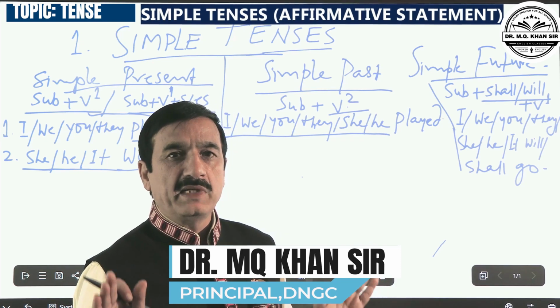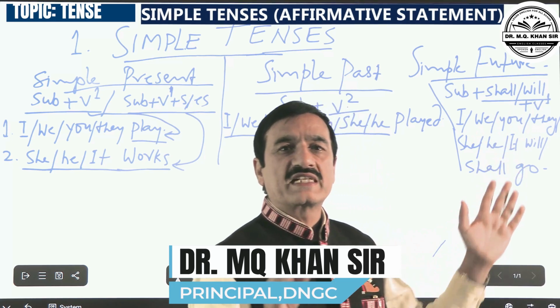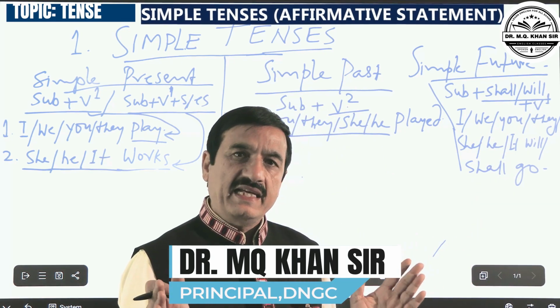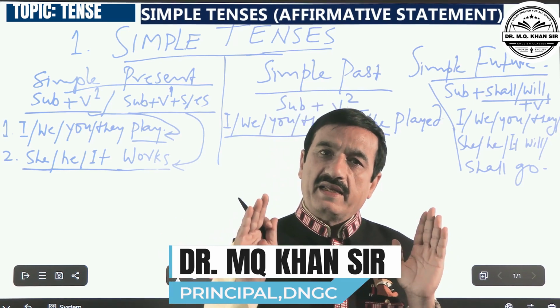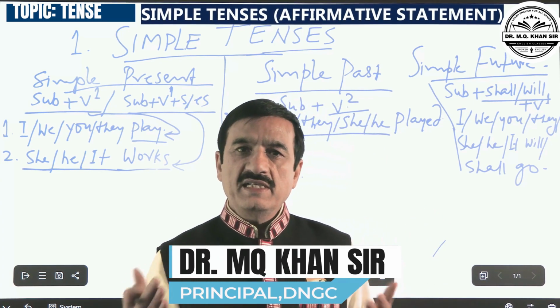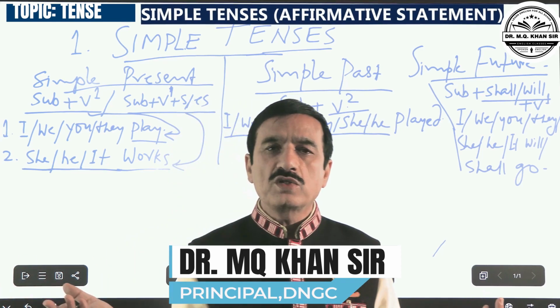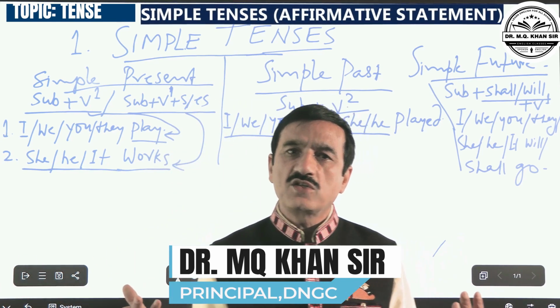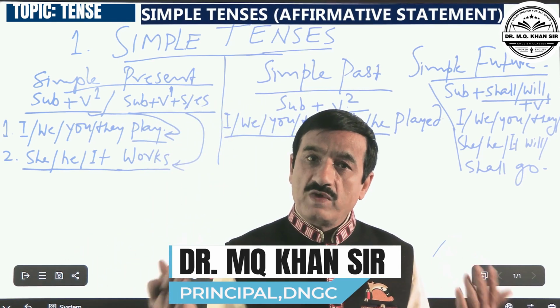Only thing is that meaning changes if you make reversal use of shall and will. Say, if I say I shall teach English, this means it's a common expression, general expression, weak expression, means I may not teach. It will depend on situation. If I say I shall teach, I shall play, we shall play.